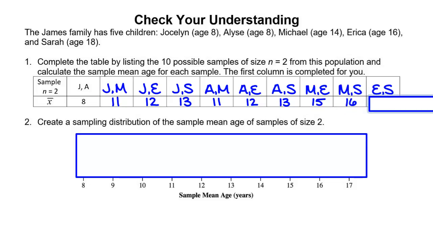Erica and Sarah. Perfect. We're going to make a dot plot now with those ages. So make a dot plot with those 10 dots. Make 10 dots on your graph.